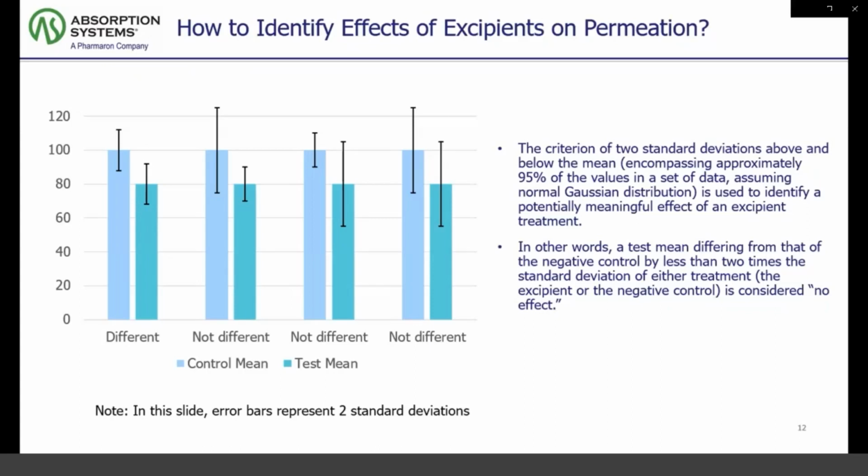So in this treatment, both are overlapped by two standard deviations of the other mean. In this case, the negative control is overlapped by two standard deviations around the test mean. In this one, the test mean is overlapped by two standard deviations around the negative control. And in this one, neither mean is overlapped by two standard deviations around the other mean. And this is the only case that we would call different.